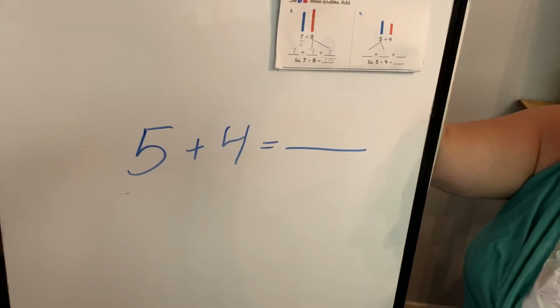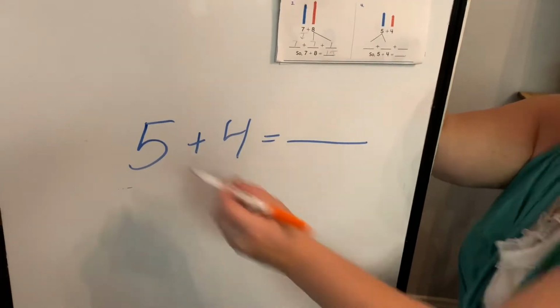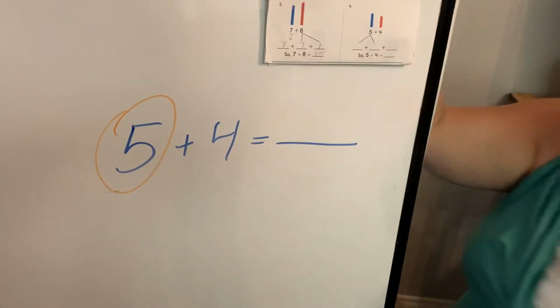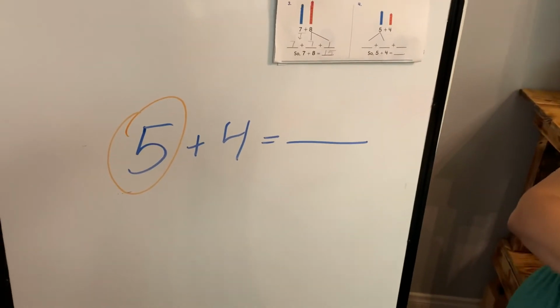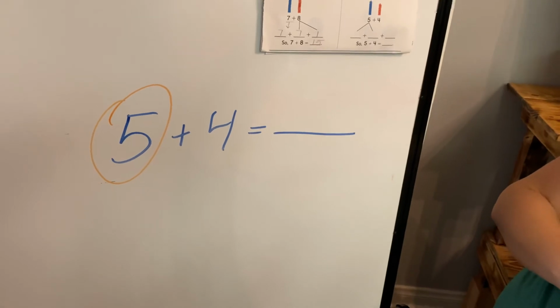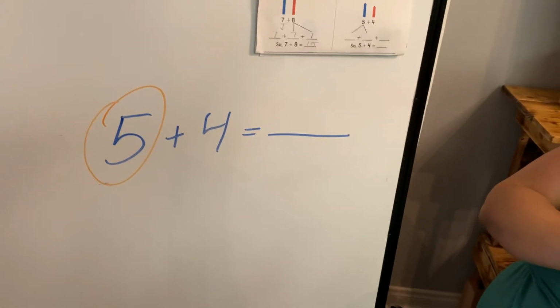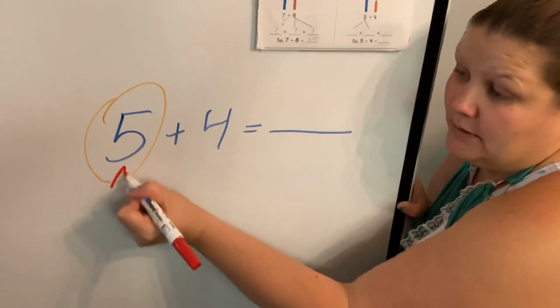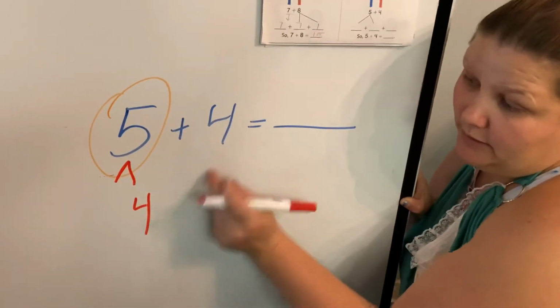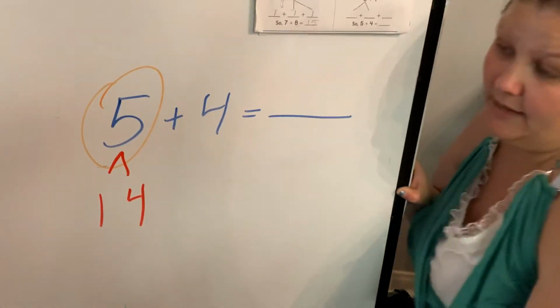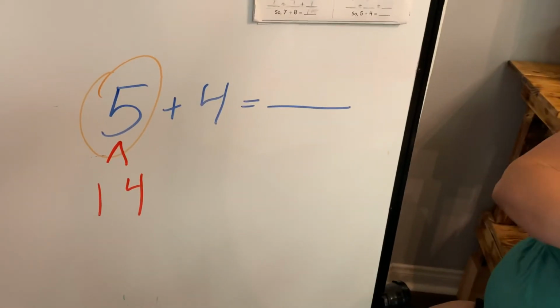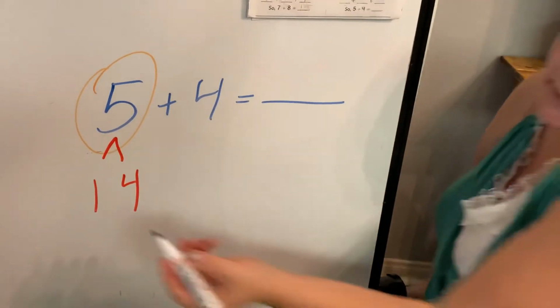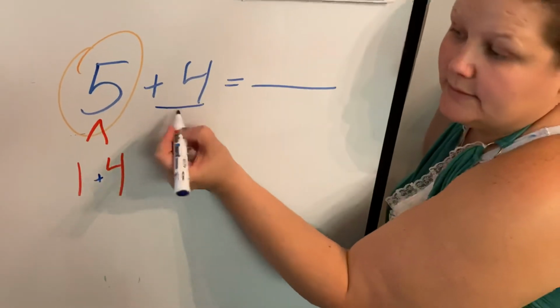So which number was larger, 4 or 5? Perfect. 5 is my largest number. And I'm going to break it apart. And I have to break it apart using a 4 because I need that double. So 4 and 4 are going to be the same. And then I have a 1 left over. Okay? And this would be the same as plus.